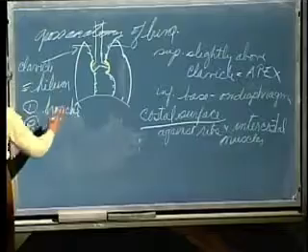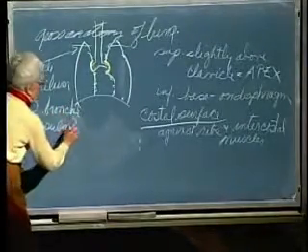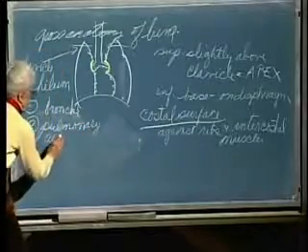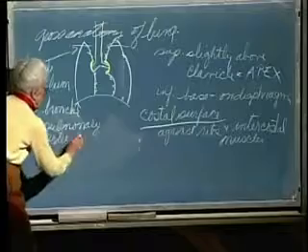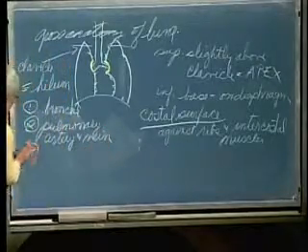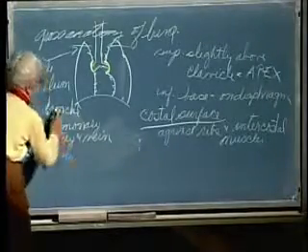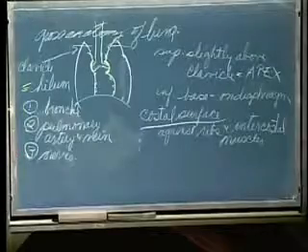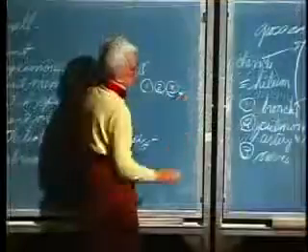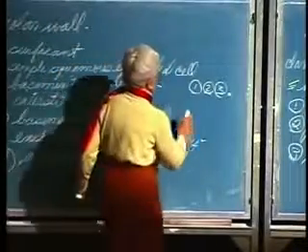I can't put them in because there's not room, so we'll just put pulmonary artery and vein. And third will be the nerves. So these three structures, 1, 2, and 3, make up what's called the root of the lung.